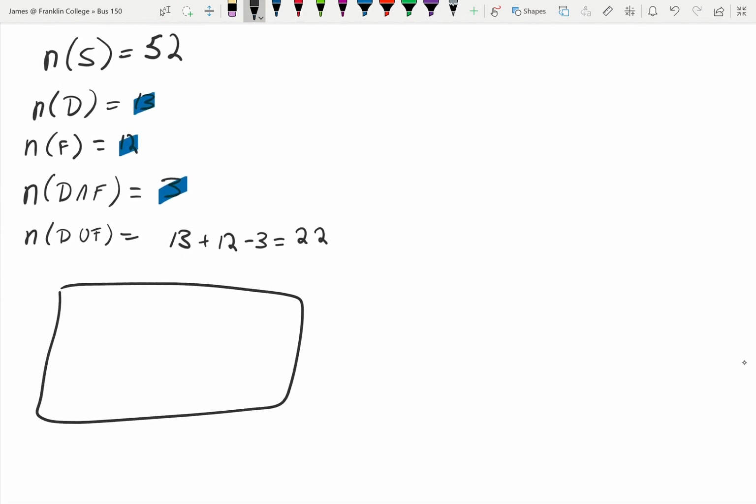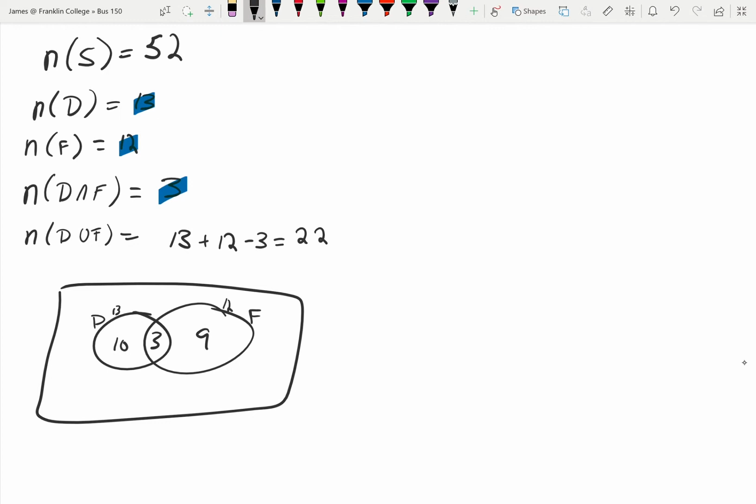And if we wanted to draw our little sample space for diamonds and face cards, we know that there are 13 diamonds, there are 12 face cards, there are 3 in the intersection, so that means that there are 10 diamonds that are not face cards. Also, there are 9 face cards that are not diamonds.